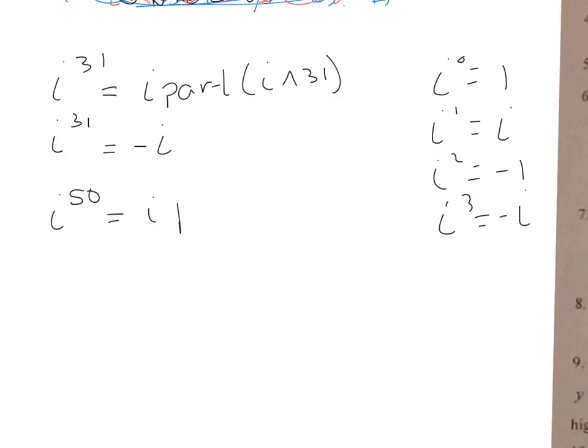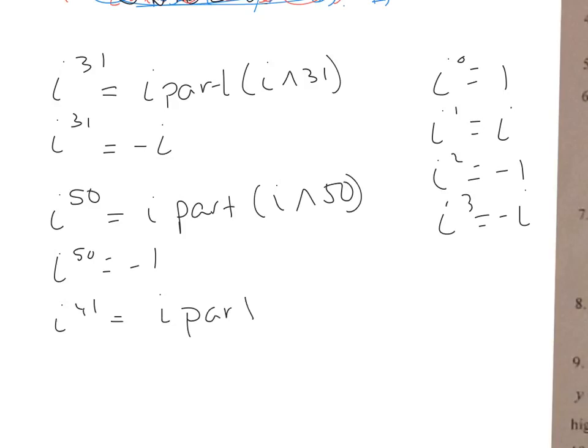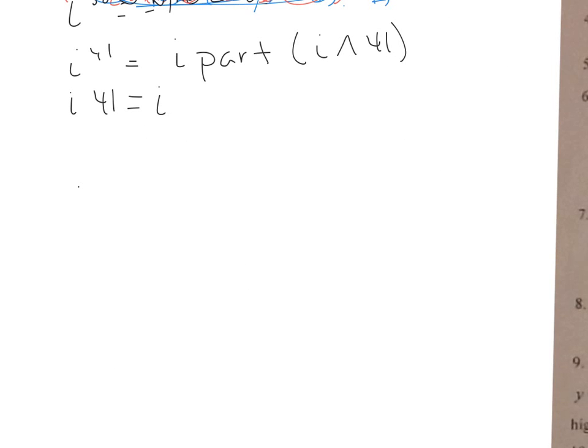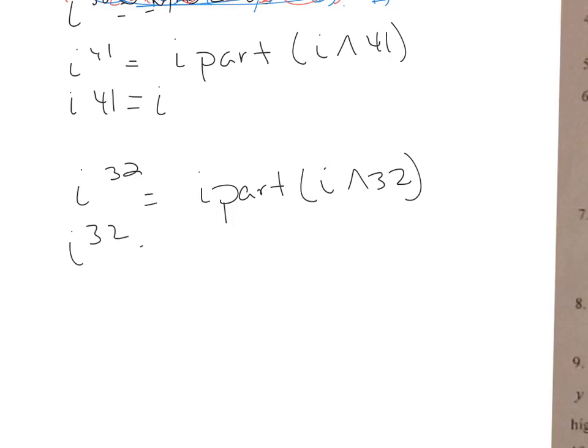So you type in i caret key 50, and we get i to the 50 is equal to negative 1. i to the 41, you do i caret key 41, and we get i to the 41 is equal to i. And the last one is i to the 32. i to the 32 is equal to 1.